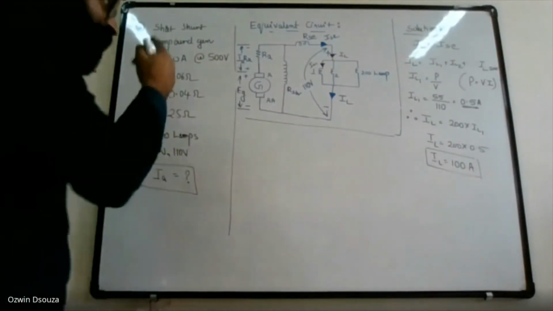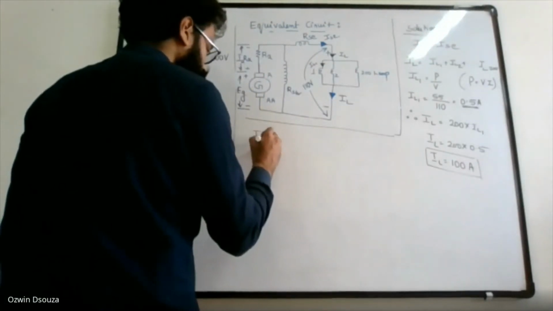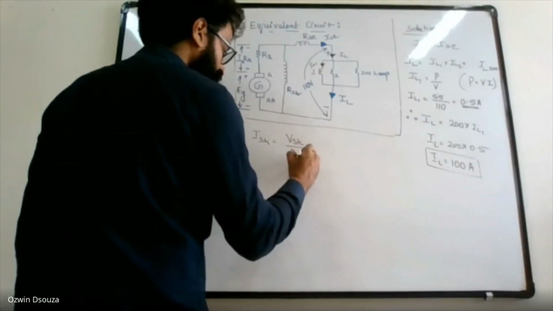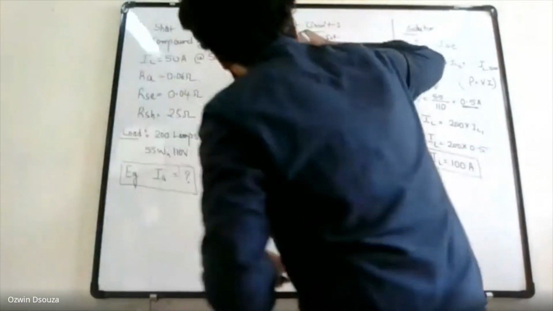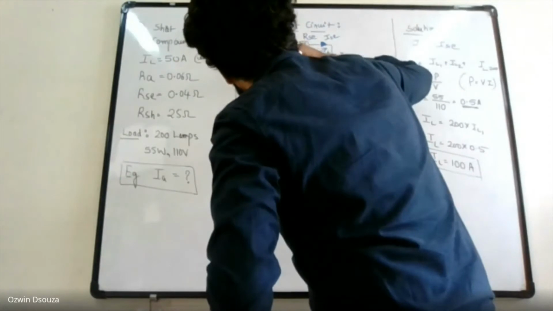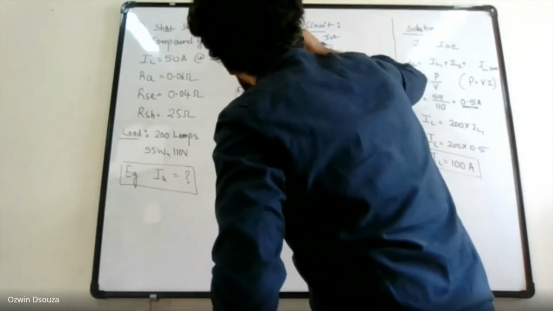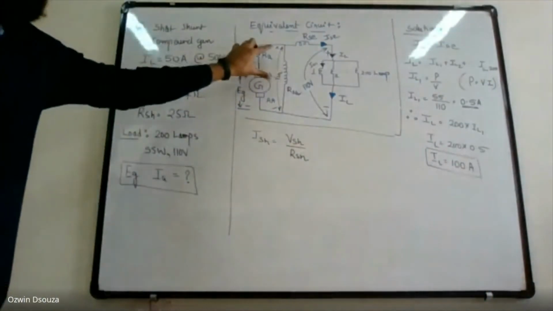Once IL is calculated, you can find out ISH. So ISH is VSH divided by RSH. So let us mark VSH first. Okay, so this is our VSH, the voltage across the shunt field winding.